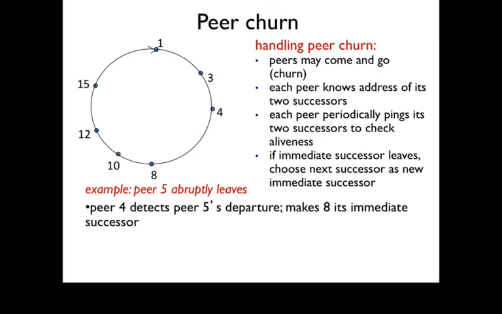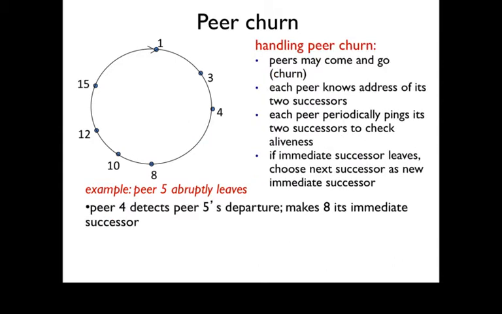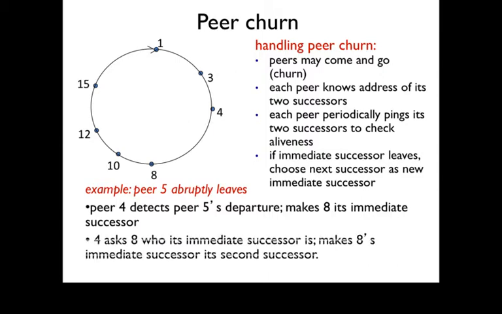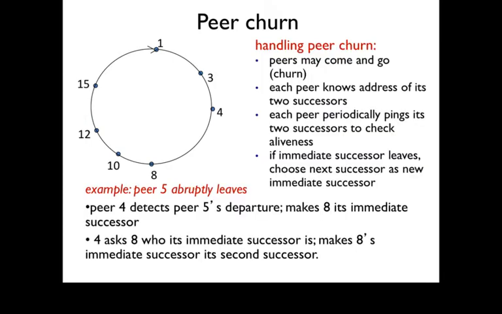Peer 4 prior to that knows about 5 and 8. So when 5 dies, 4 asks 8 who its immediate successor is, in this case 10, and it updates 8 as its immediate successor and 10 as the next immediate successor. Okay.